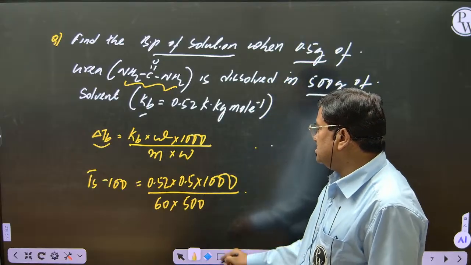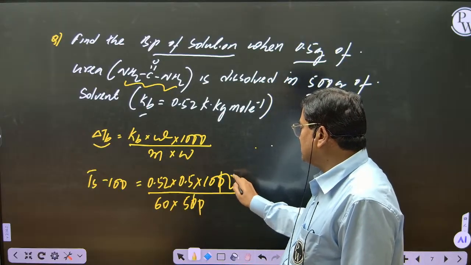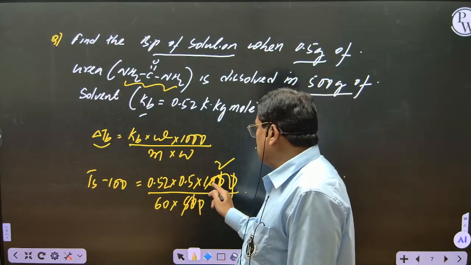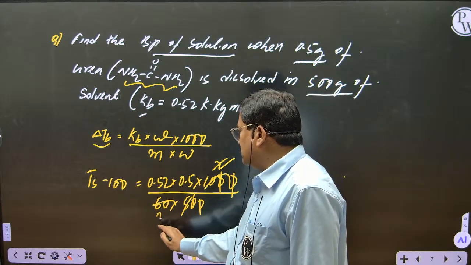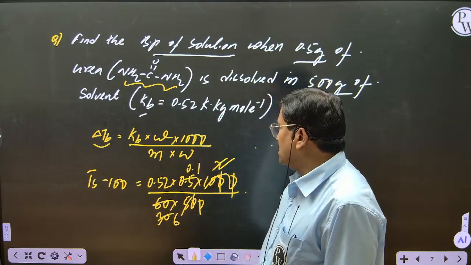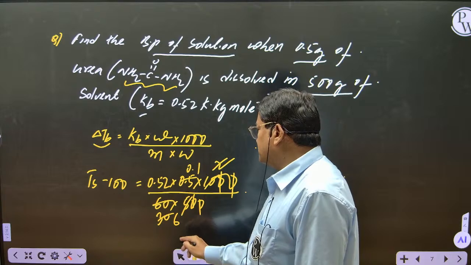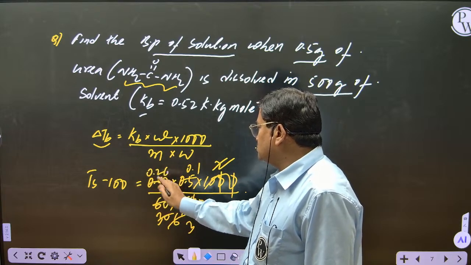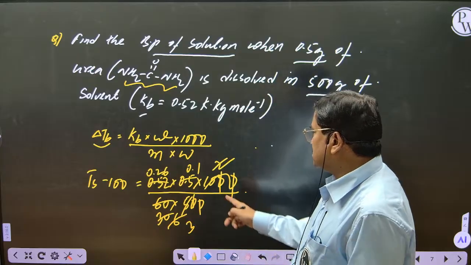So substitute; this 500 gets cancelled. 5 will cancel by 2, and this 2 will cancel by 30 times. Now when you cancel 6, 2 3s are 6, 2 2s are 4, 2 6s are 12. Now how much does this come to?